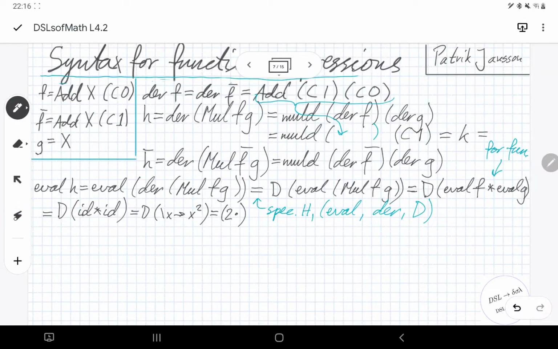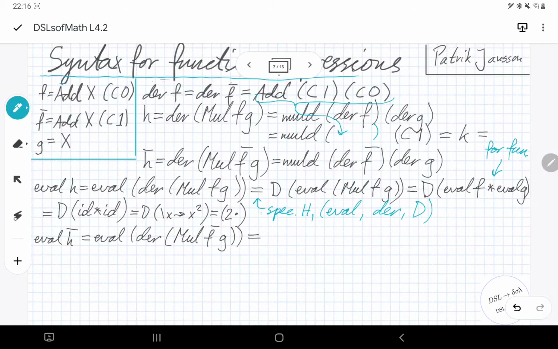Okay, let's evaluate h bar. We know from above that it's equal to h, but that doesn't deter us. Let's use the specification, the definition of h bar here. So we again write eval and splice in there, in this case, a different expression, mul f bar and g. Otherwise, we can use the same specification.